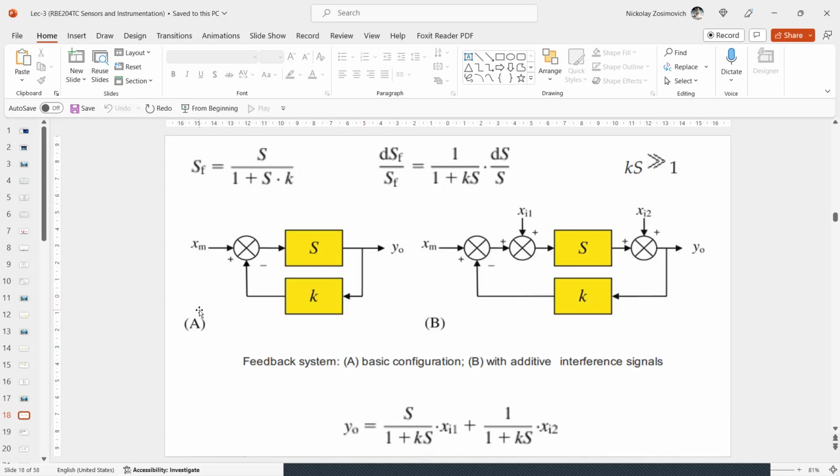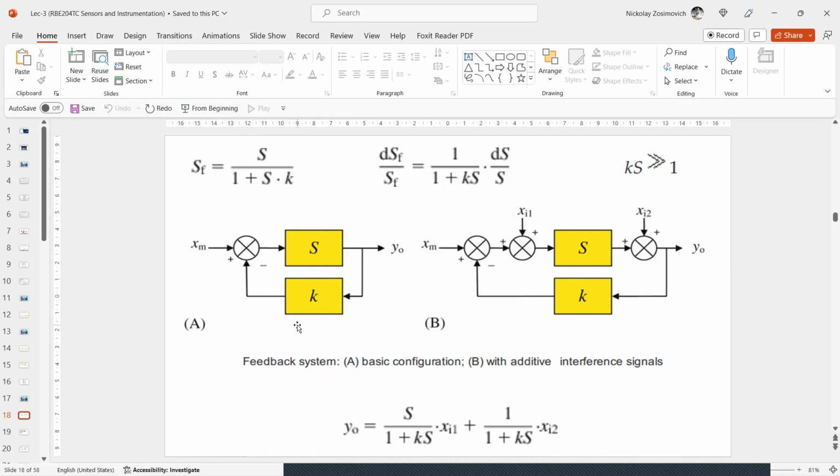What does it mean? Suppose we have a sensor that has a nominal transfer F, but due to the multiplicative interference, it has changed to F times 1 plus X. The feedback is accomplished by an actuator with an inverse transduction effect and transfer K. From classical control theory, the error reduction factor can easily be found.